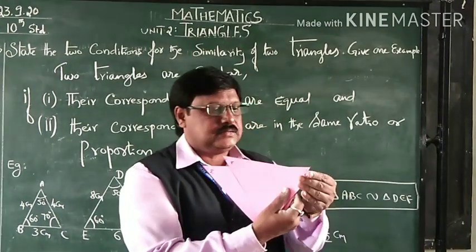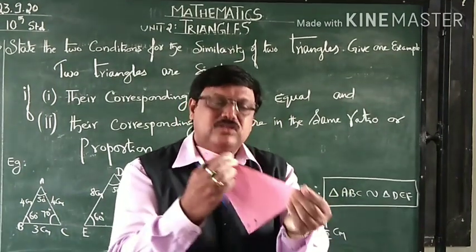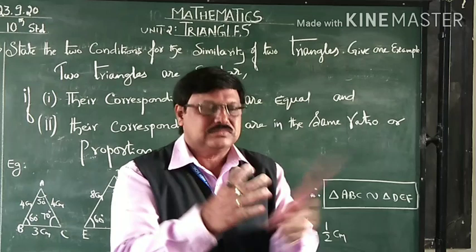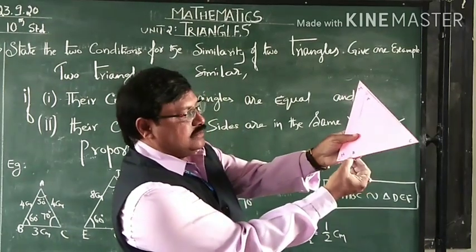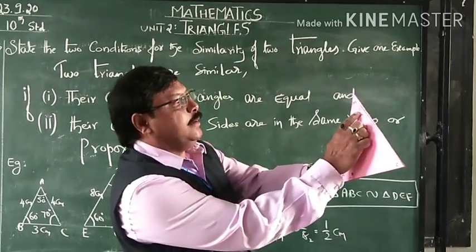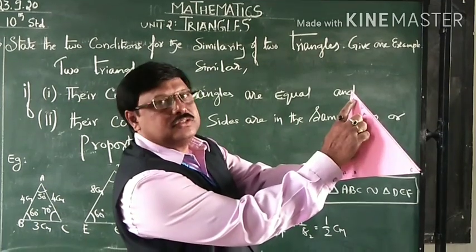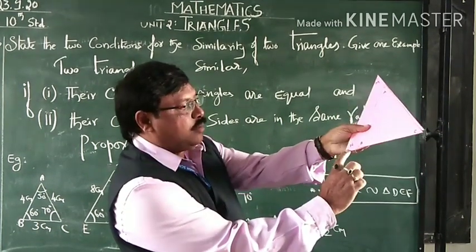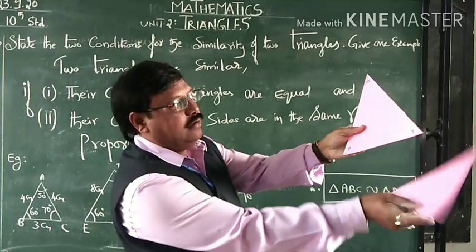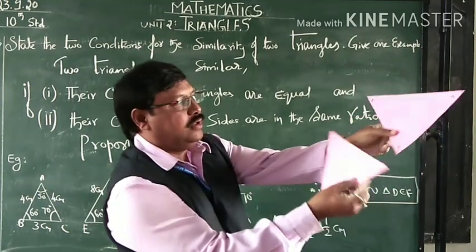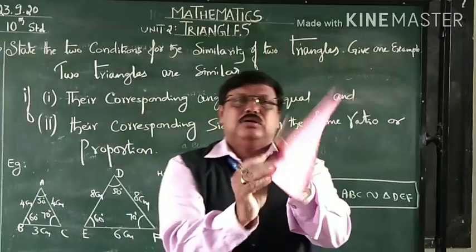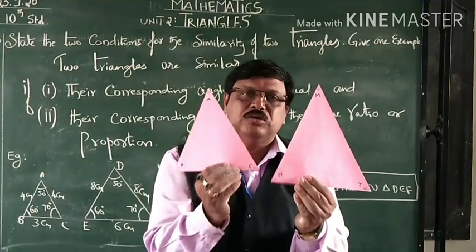See, the angles, that inclination, are the same. 60 degree, 70 degree, 50 degree. Same vertex angle 50 degree, base angles left is 70 degree and right is 60 degree. So these two triangles I can call similar triangles.